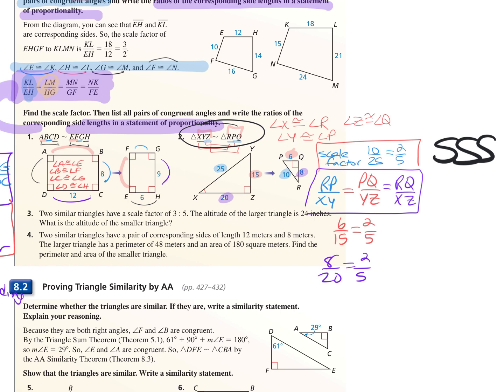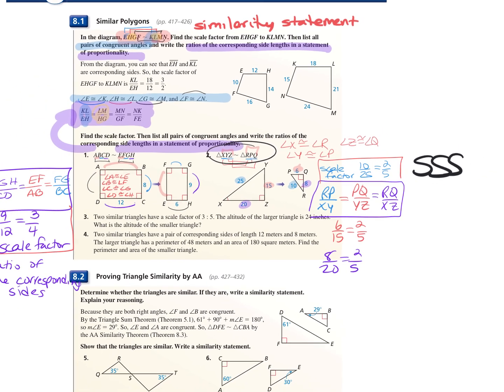Now, for number 3, we already talked about the scale factor being the same thing as the ratio of the sides. So we're going to use that information for number 3. They're telling us that the 2 triangles are similar, and they tell us it has a scale factor of 3 to 5.